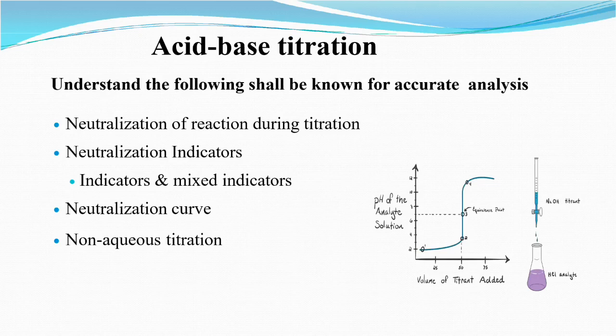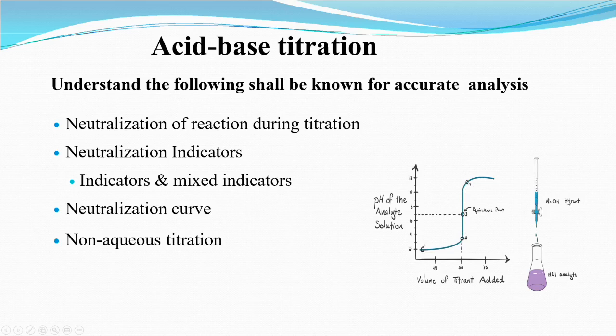Acid-base titration. Acid-base titration is also known as neutralization titration, and it uses indicators, and sometimes mixed indicators are used. In the neutralization curve, as we keep adding the titrant, after some time the color changes rapidly and then the color is permanently changed.